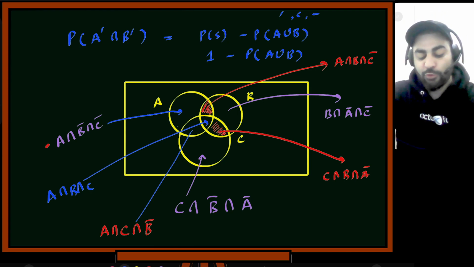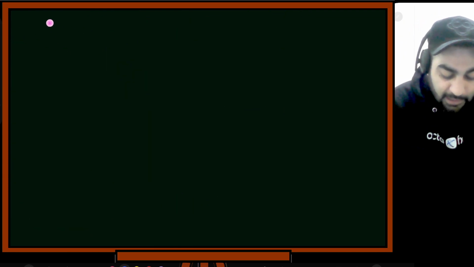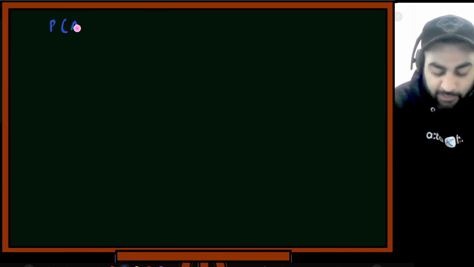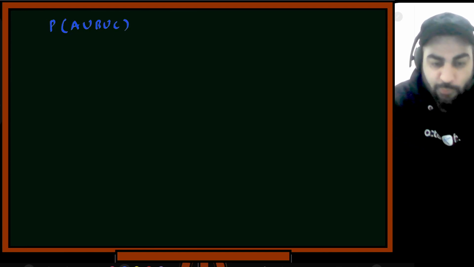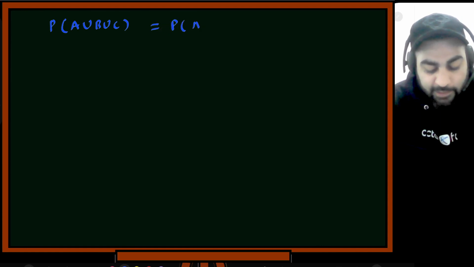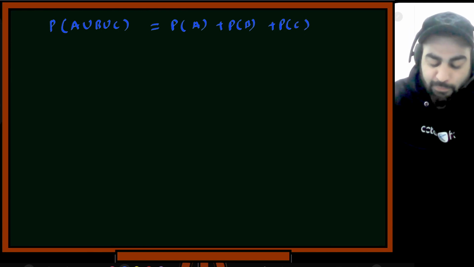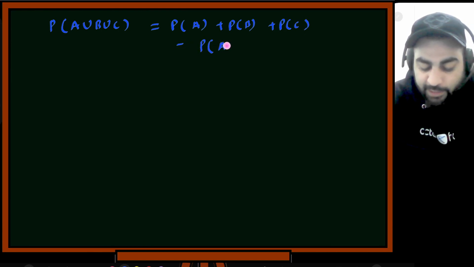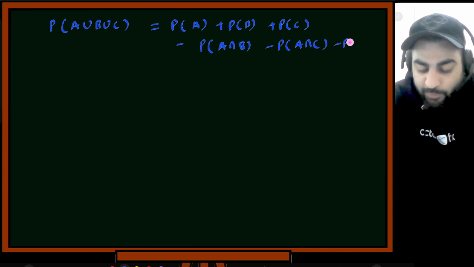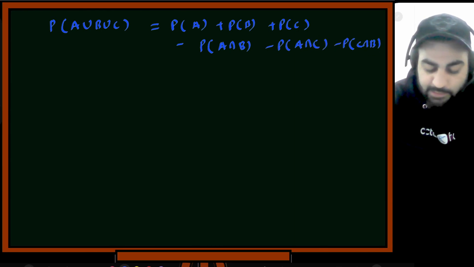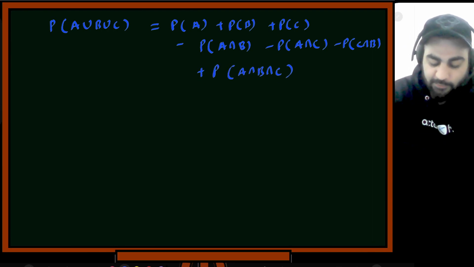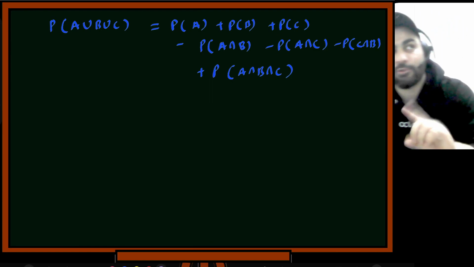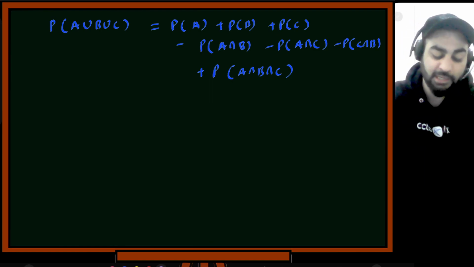Now I have shown you one more formula. We have seen that yesterday, I think. Probability of A union B union C. The formula for that was probability of A plus probability of B plus probability of C, then minus probability of A intersection B, minus probability of A intersection C, minus probability of C intersection B, plus probability of A intersection B intersection C. This is the inclusion-exclusion principle, which can be extended to any events.